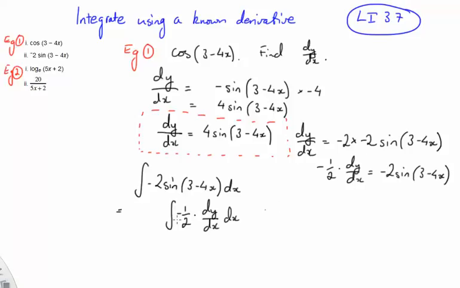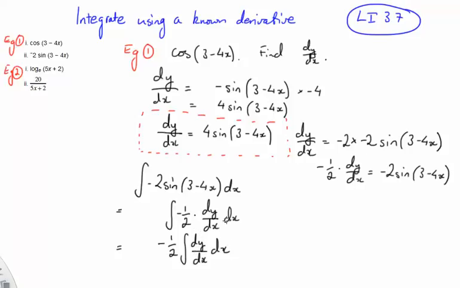Well, what do we do then? That's a coefficient, that's just a constant, so we can pop that out the front. Well, what do we do next? The integral of a derivative is just y.